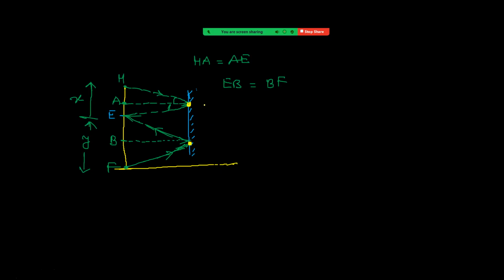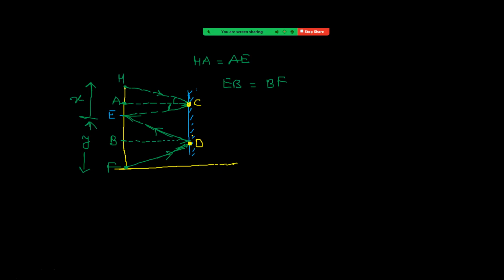Let us call this A, B, take it as C, and this is D. We want a mirror of length CD. This is the minimum length.